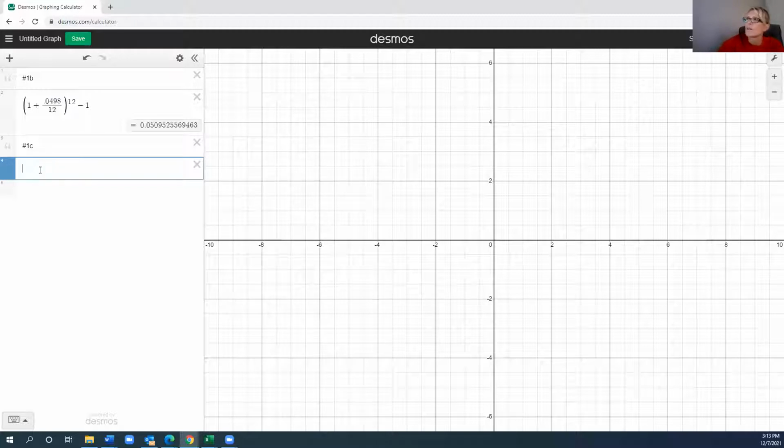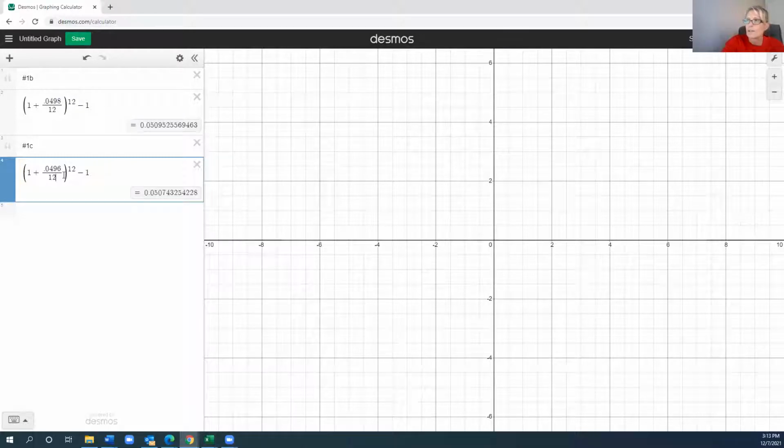Except the interest rate is 0.0496. And it says that we are compounding daily. So we're going to use 365.25. And that means our exponent needs to be 365.25 as well.